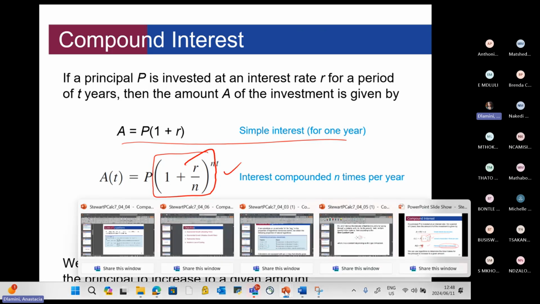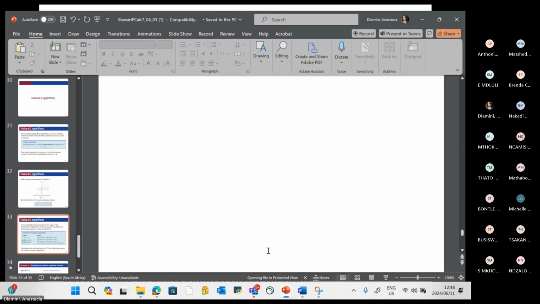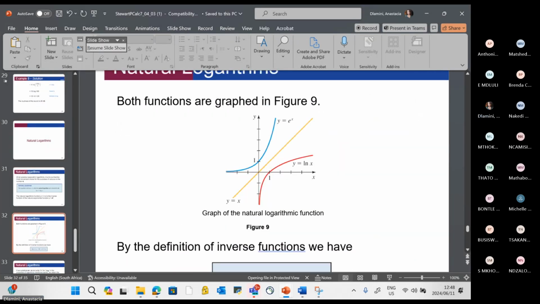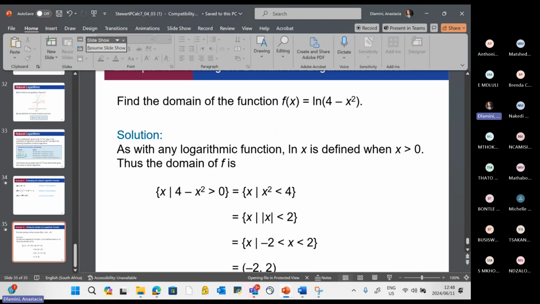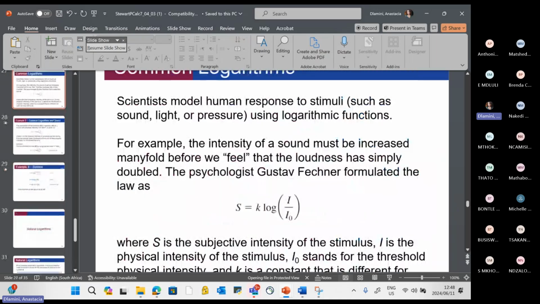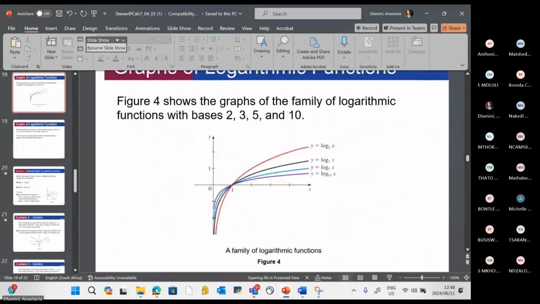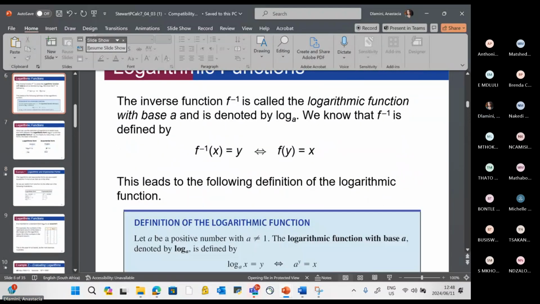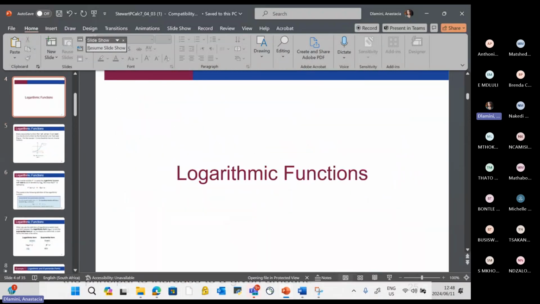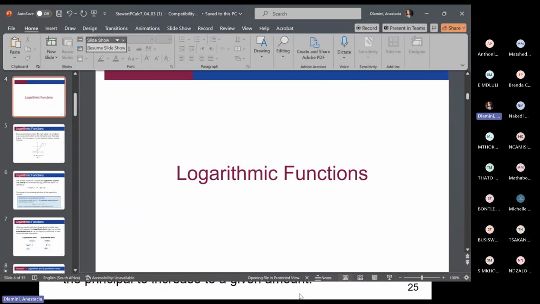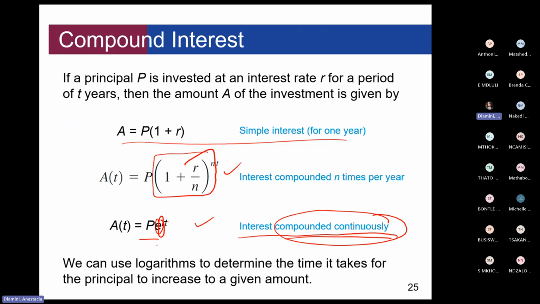Let me go look at it, but I know I explained this part: this part of the compound interest approaches E, and then you get E to the power of RT.